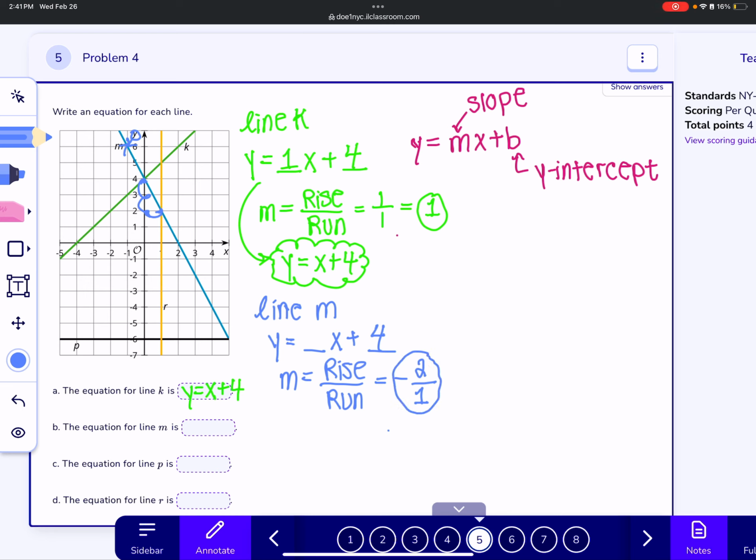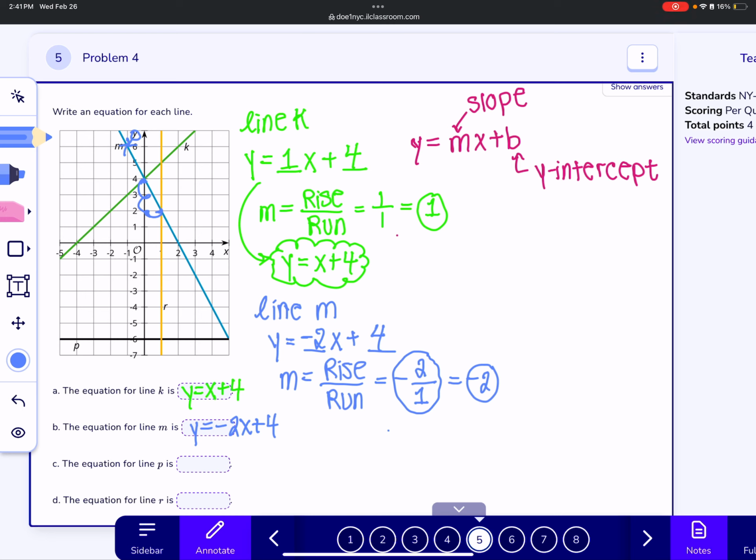And don't forget to keep it as negative because the person from left to right again is sliding down. This is a downward slope. So we're going to simplify this as just -2. Yeah, we're going to write -2 right here. So the equation for line M is y equals -2x plus 4.